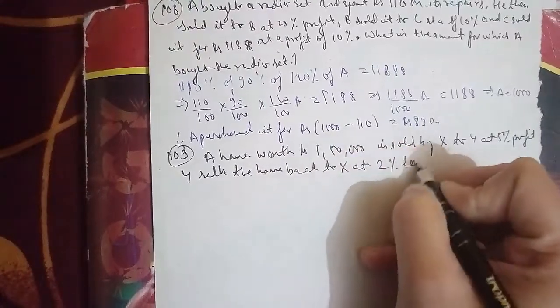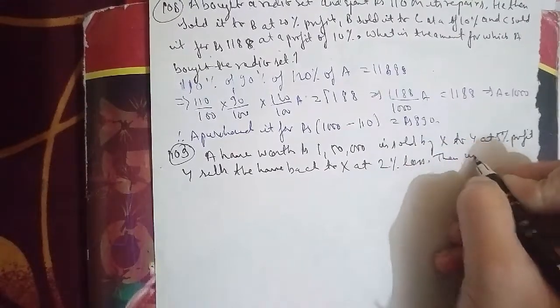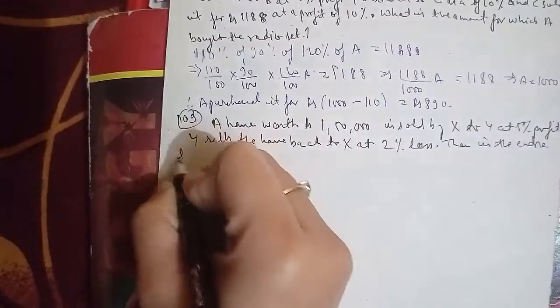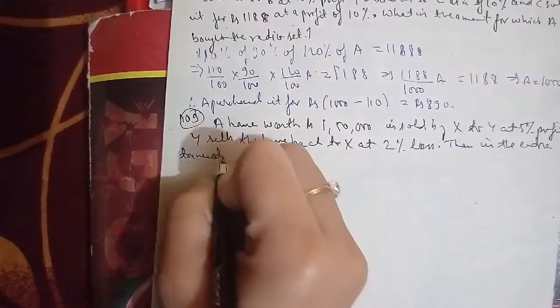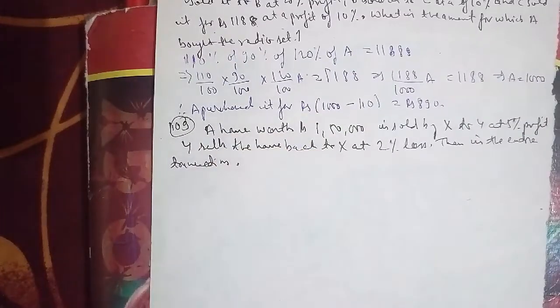Then in the entire transaction, the options I told you are X loses rupees 1,350, X gains rupees 3,150, X loses rupees 4,350, and X gains rupees 4,350. According to that, we'll have to find it out, and we go ahead for the same.